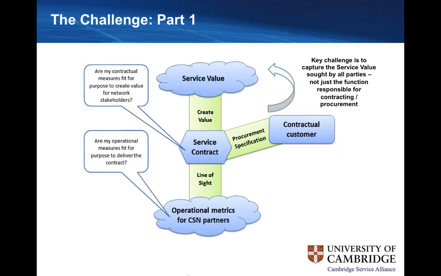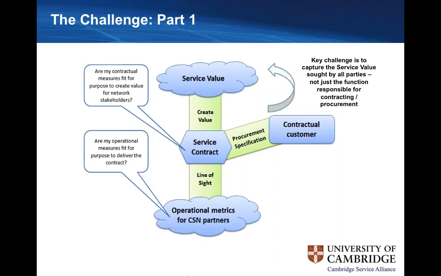So the first thing is, if you think about a service contract, often the contractual customer, to the right-hand side of this slide as you look at it, the part of the organisation that defines the procurement spec is not necessarily the same as the customer that receives the service. Some of the early work we did in this area was with BAE Systems.